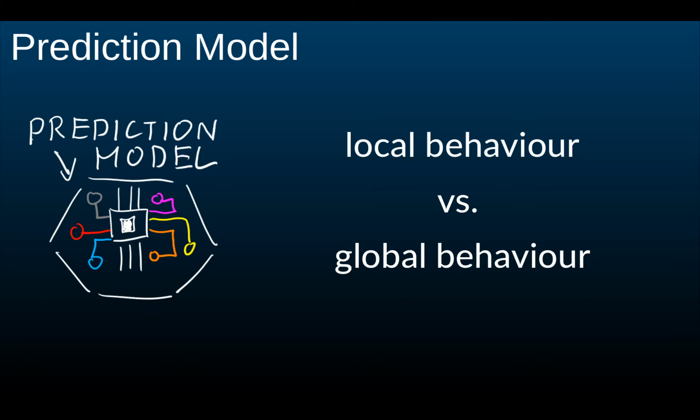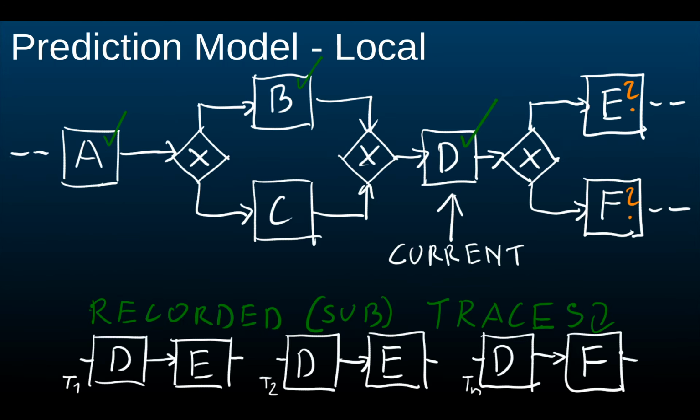For this, we propose to combine at least 2 prediction models, one focusing on local behavior and one focusing on global behavior. The local prediction approach takes not all the historic behavior into account, but instead only a fraction.